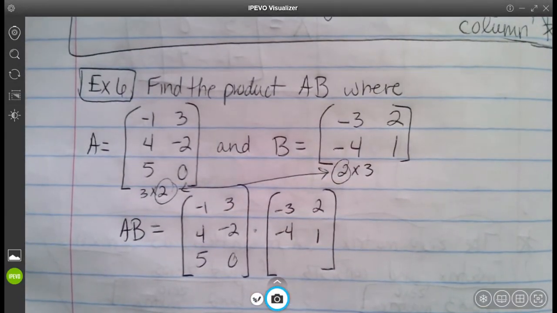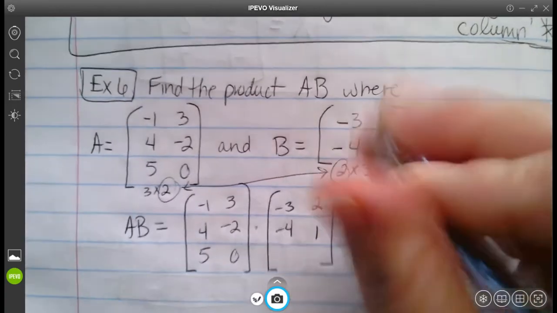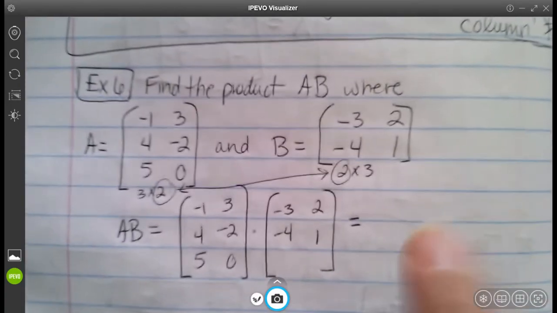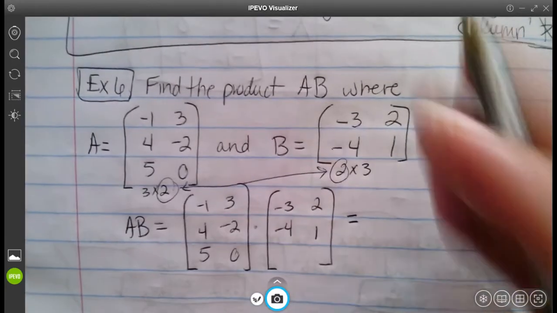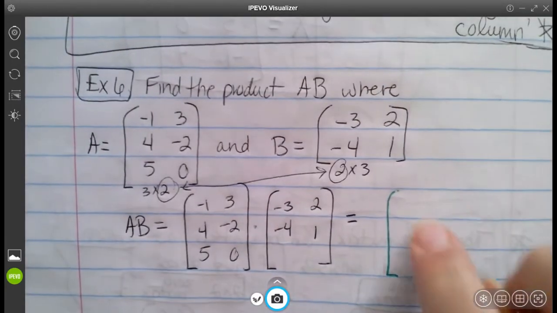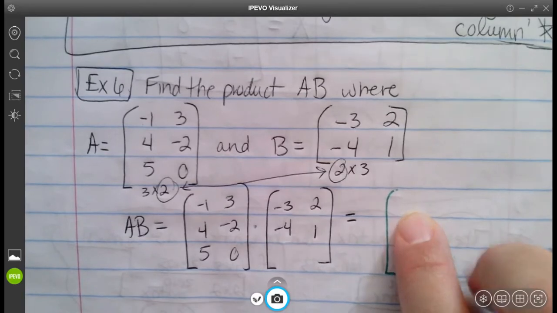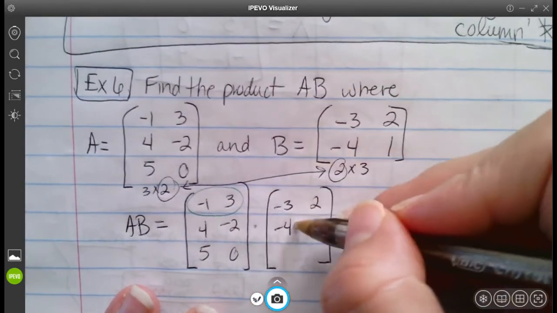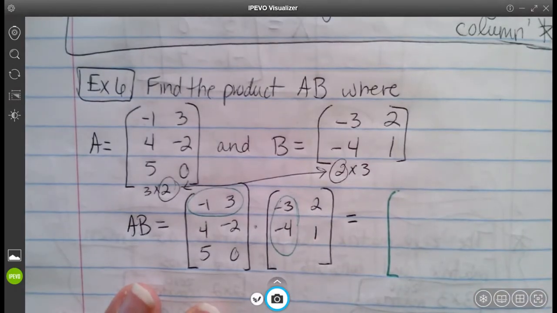Okay, so let's go ahead and begin. When we multiply matrices, we are looking at the first entry. For the entry that goes right here, row 1, column 1, we're going to be multiplying this row by this column, and it goes entry by entry.